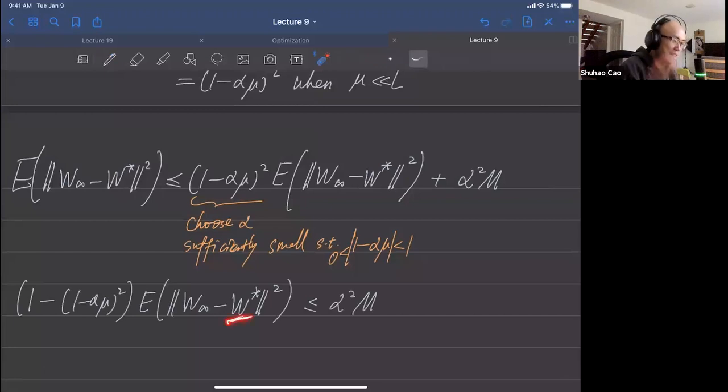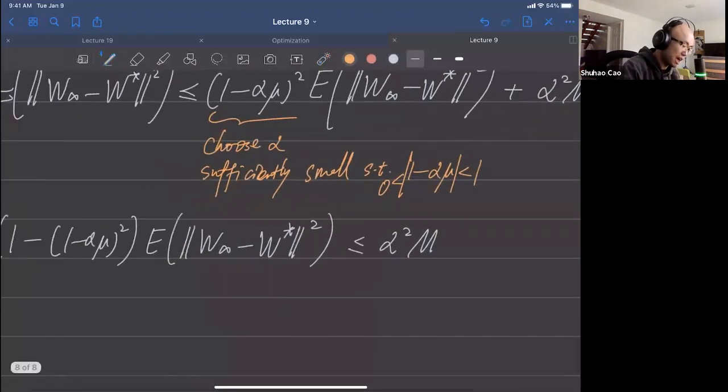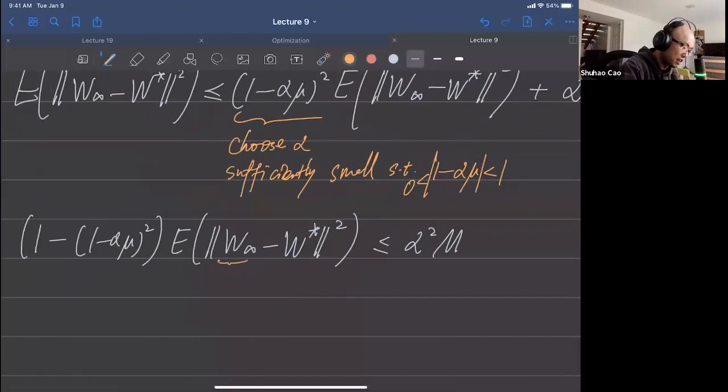And this is our best possible neural network. So let me add a remark here. This is the limit of our stochastic gradient descent, and this is our best possible neural network. So their difference, as we can see here, is less than.